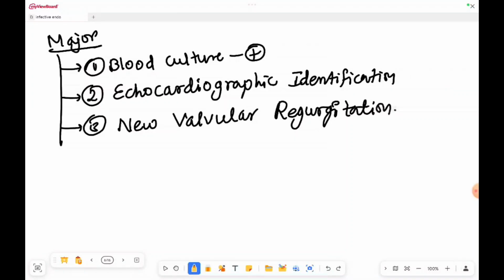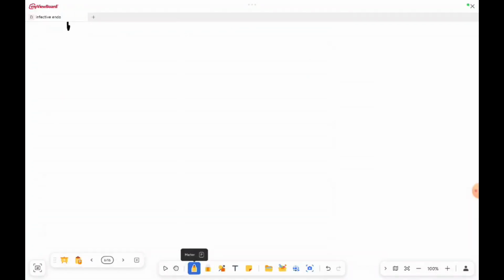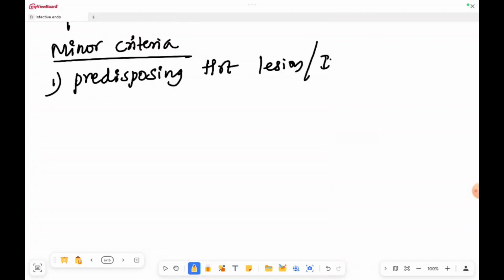So this is major criteria, and now we will see minor criteria. First one is predisposing heart lesion or IV drug usage.